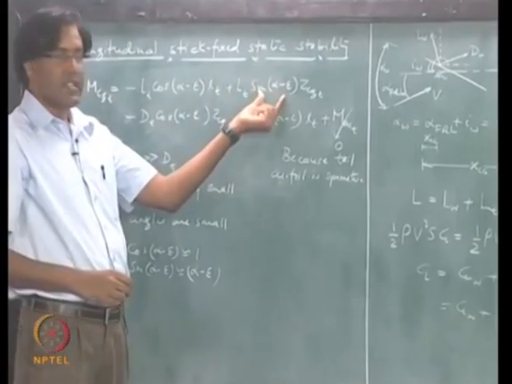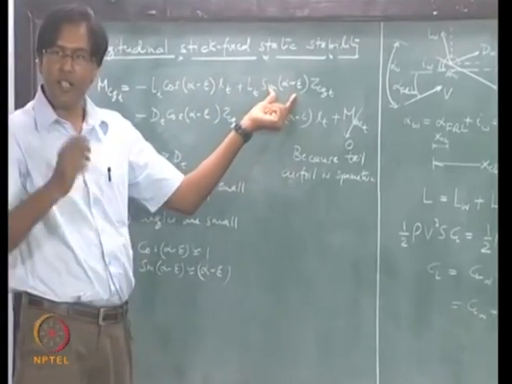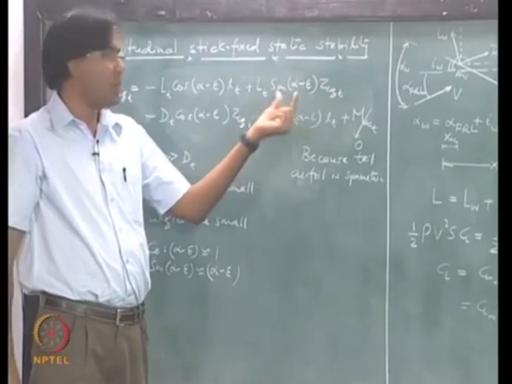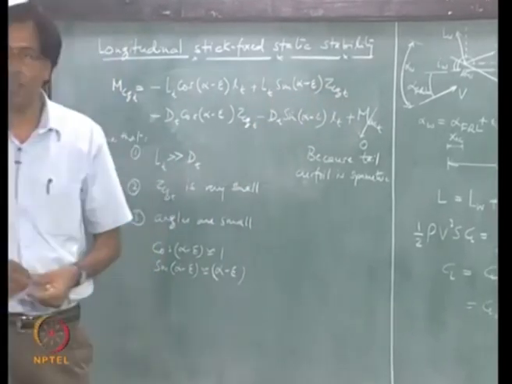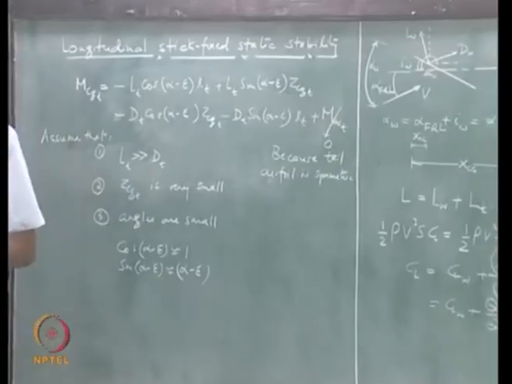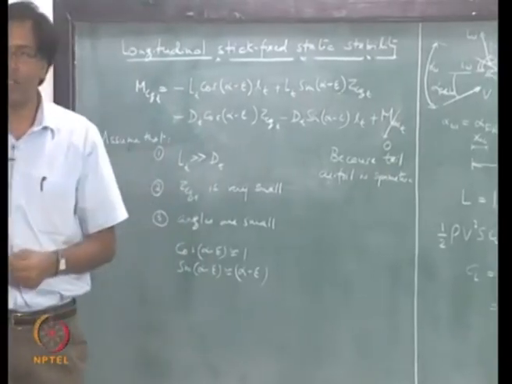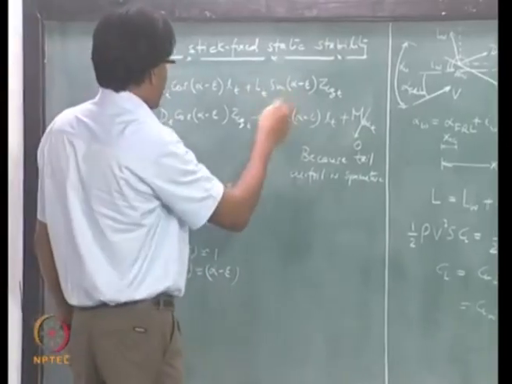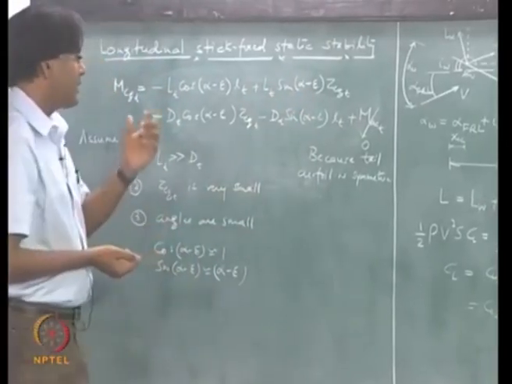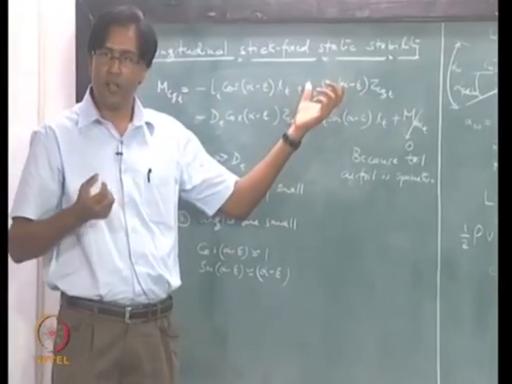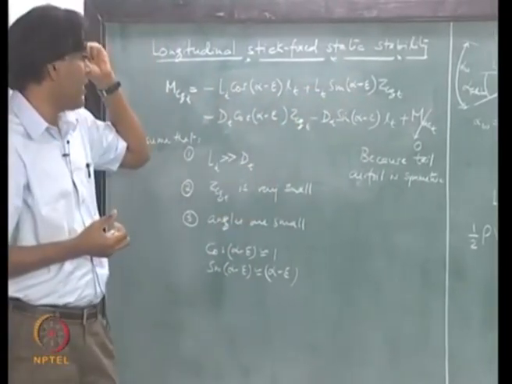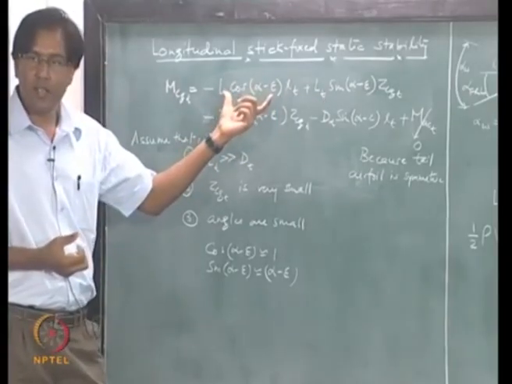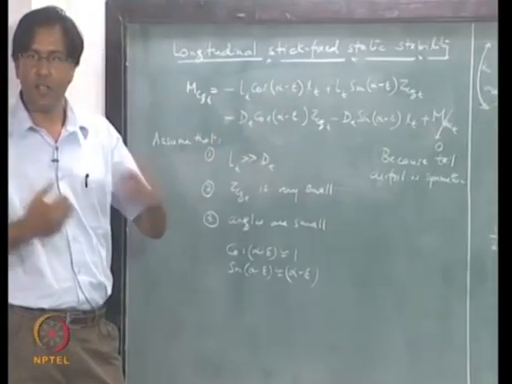Now, this quantity is small, because I said angles are small and this is small. So both together, the product of the two small terms will result in an even smaller quantity. So we will neglect the smaller terms only because they are much smaller as compared to the quantity which is large.